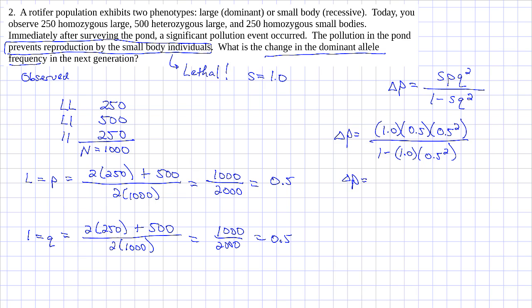Delta P simplifies to 0.125 divided by 0.75. Delta P is thus equal to 0.167. This means that after selection, our new allele frequency will be 0.167 units higher than our observed allele frequency.